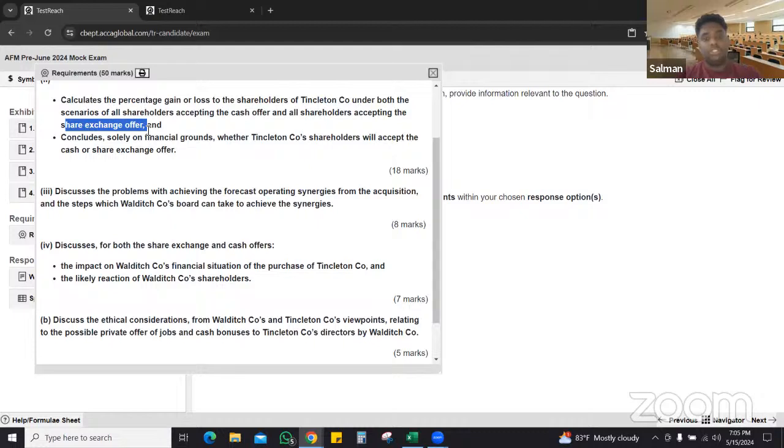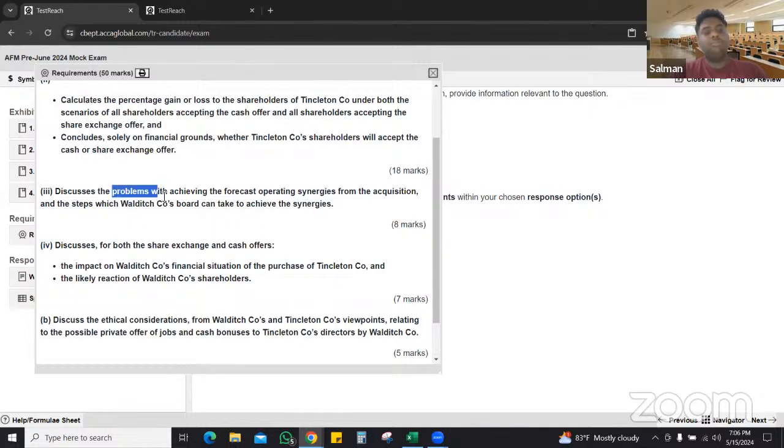We had discussed both of these scenarios. We also discussed the minimum value the subsidiary shareholder will demand and the maximum value we will be able to provide. Remember synergistic benefit? Work on that. Conclude solely on financial grounds whether Tinselton company shareholders will accept the cash or share exchange offer. 18 marks. This is a very easy area.